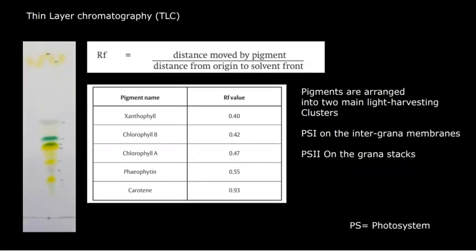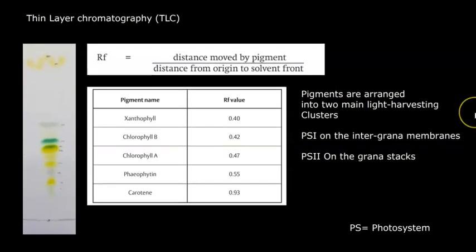You may have the opportunity in your laboratories to perform forms of chromatography. This one here I'm calling TLC, thin layer chromatography, performed on a plastic strip with a chalky-like layer instead of paper, and we concentrate our chlorophylls at this region here, and then they are extracted by a solvent that soaks up along the TLC plate and ends perhaps up here, and that would be called the solvent front, which is this here.